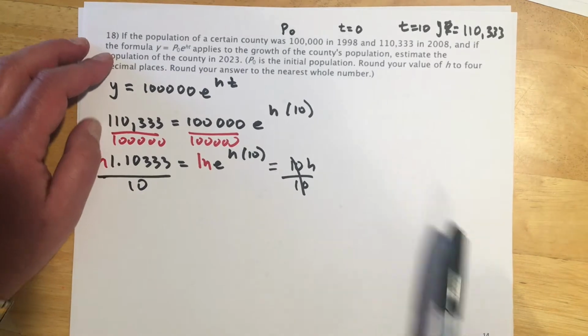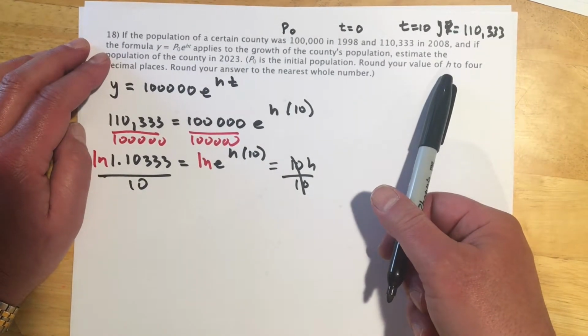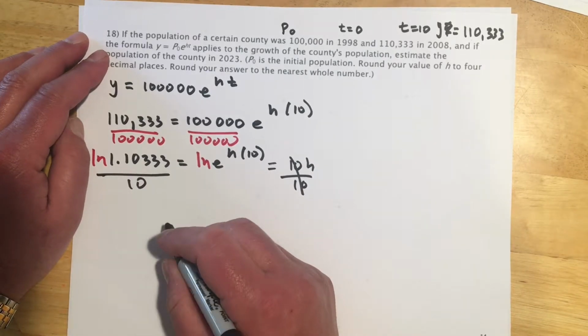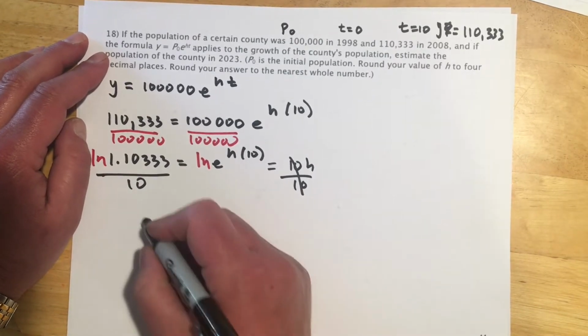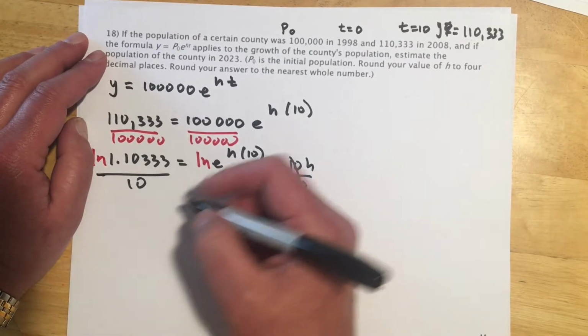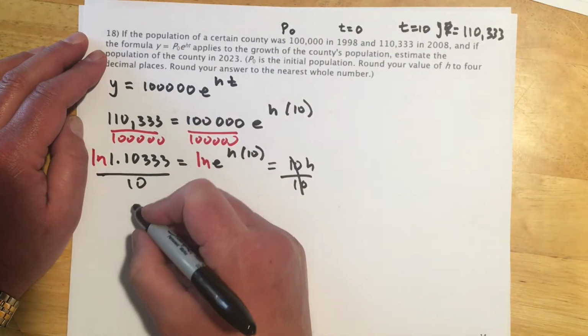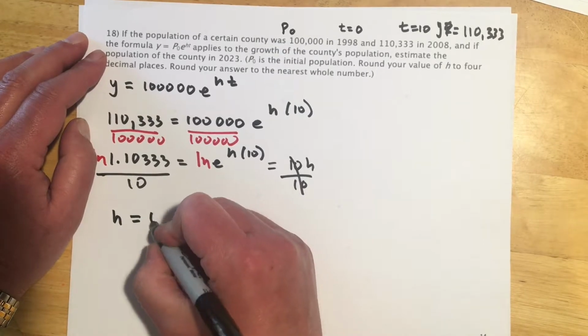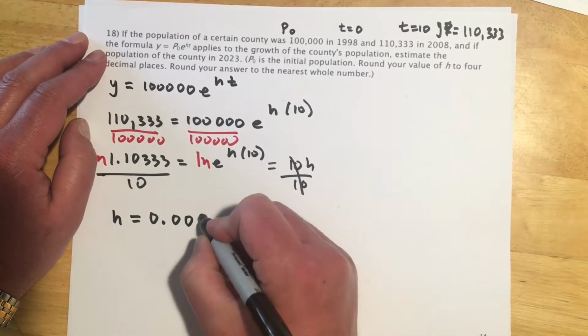And then the directions say to round my value of h to 4 decimal places. So that would be, let's see where to go. Oh, interesting. So let me write this out.